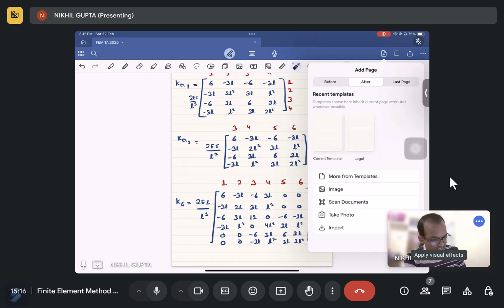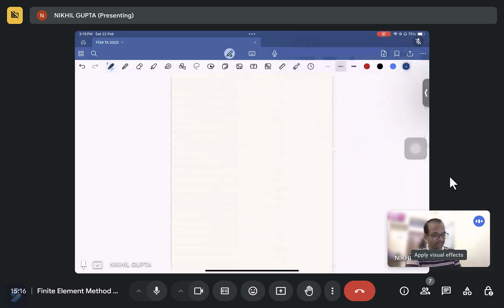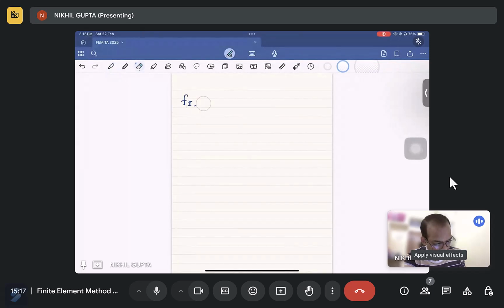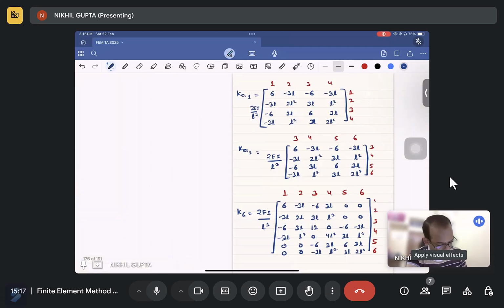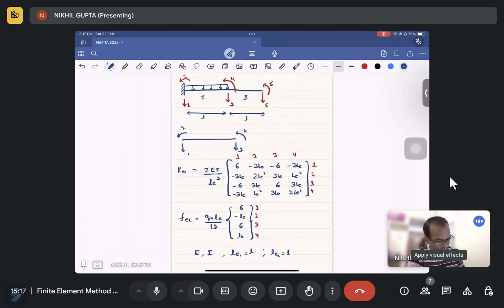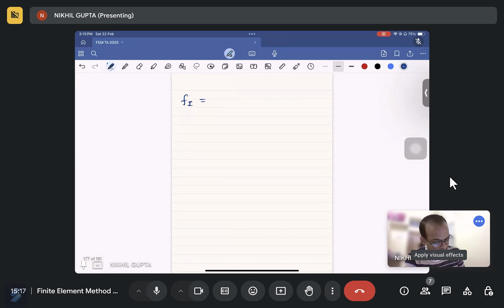Now, as we have made a global stiffness matrix, we also have to find the force vector for each of the elements. Let's say we are making it for this first element. So what we have written here was q le by 12, so we'll put the le value as L, so it will come q naught L by 12, then it will come as 6 minus L, 6L.